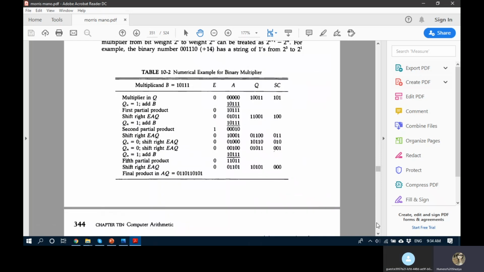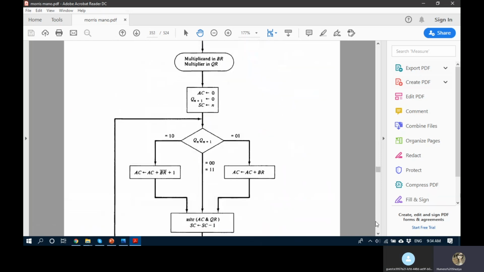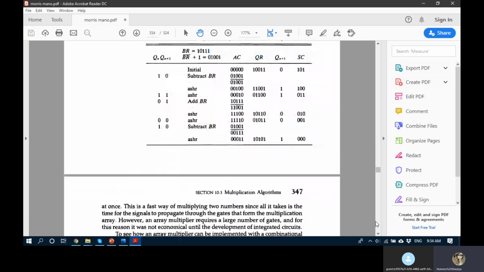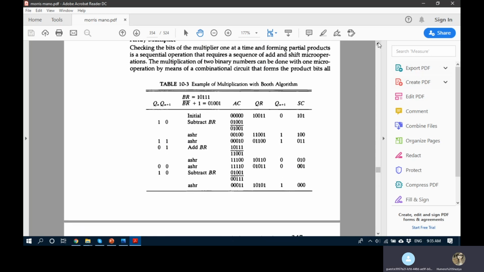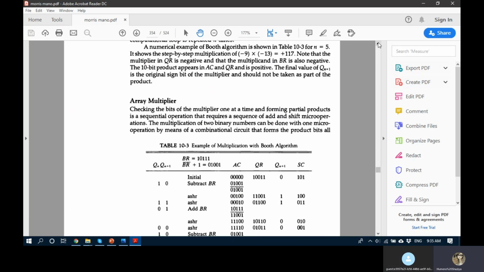After you do both algorithms, another way of doing multiplication is using array multipliers. These array multipliers enable the system to perform the sequence of add and shift micro-operations in parallel.